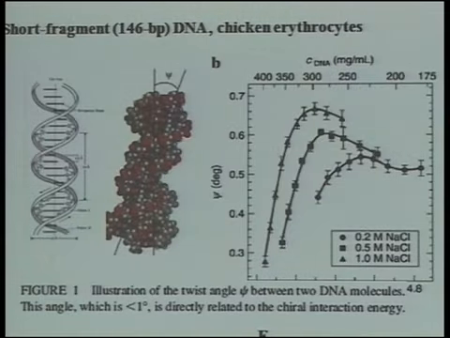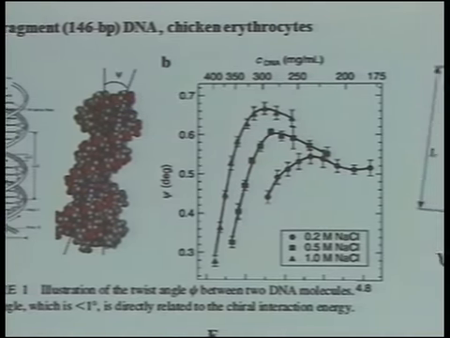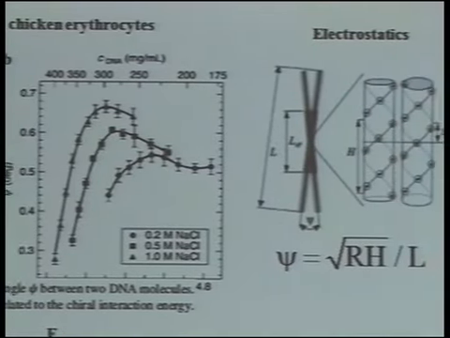When you put them together, you minimize the energy, you're going to develop a twist angle. So for this short DNA, the twist angle changes with concentration. It's 0.5 degrees, so to speak. And this is an ongoing field. There is a lot of physics to describe this twist angle between objects.